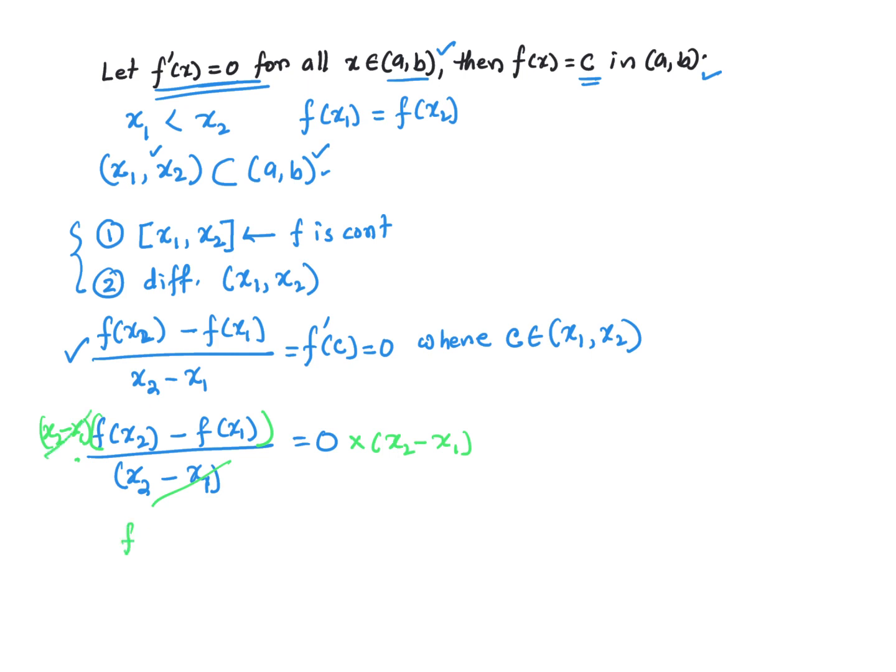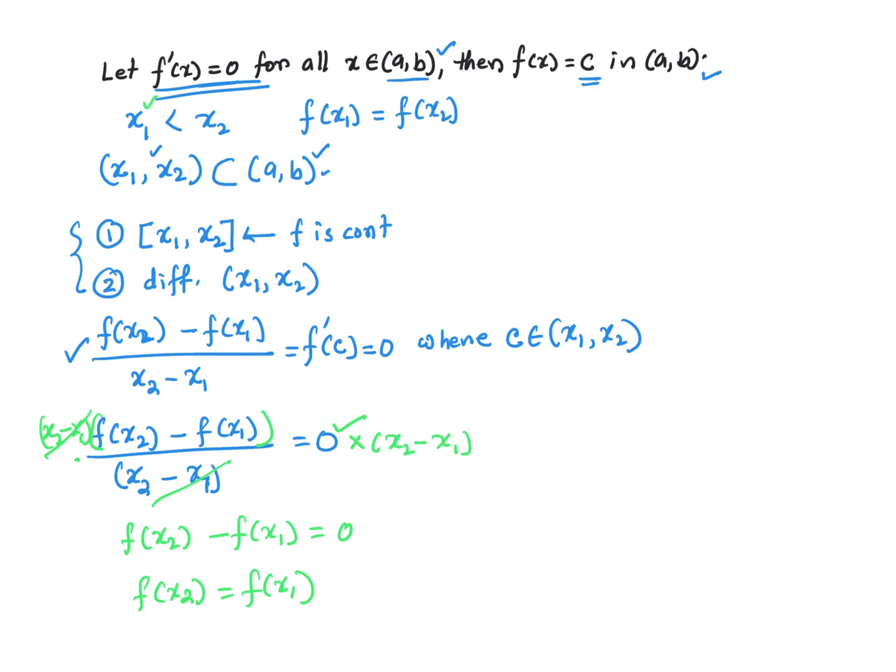That gives me f of x sub 2 minus f of x sub 1 must be equal to 0. That tells me f of x sub 2 is equal to f of x sub 1. That is to say, f of x sub 1 and f of x sub 2 are both equal.